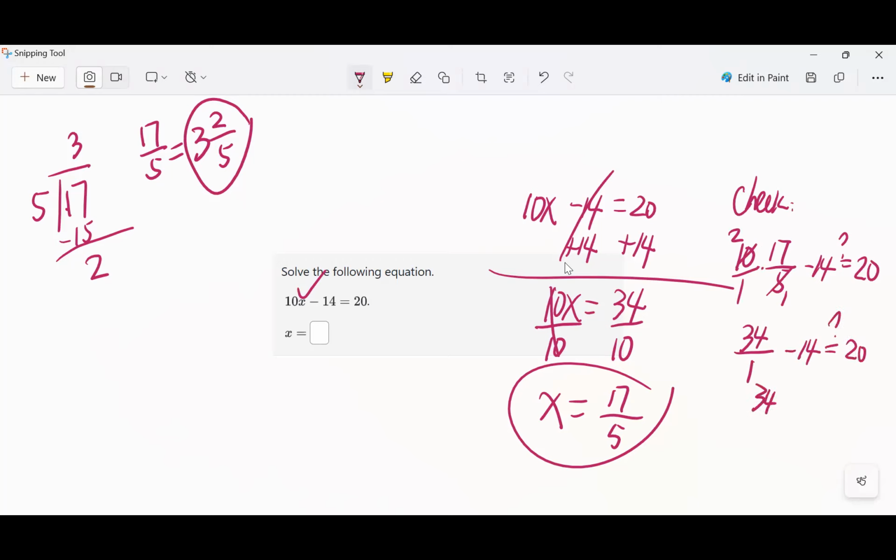So it's 34 minus 14, which equals 20. Right, so this is 20 equals 20. So that means this is the correct solution, 17 over 5. Any question about this?